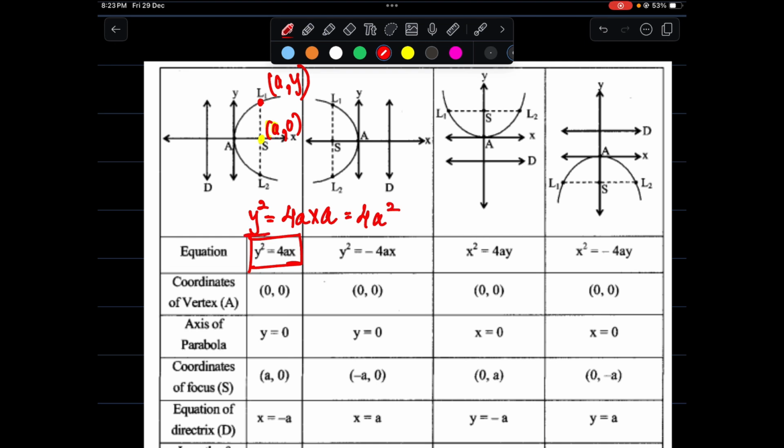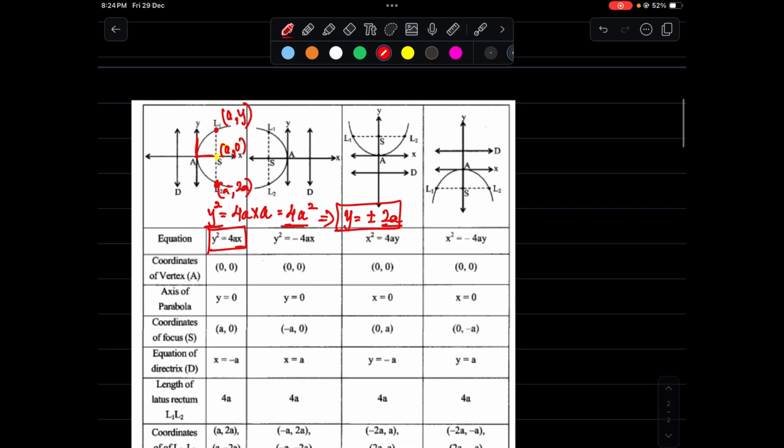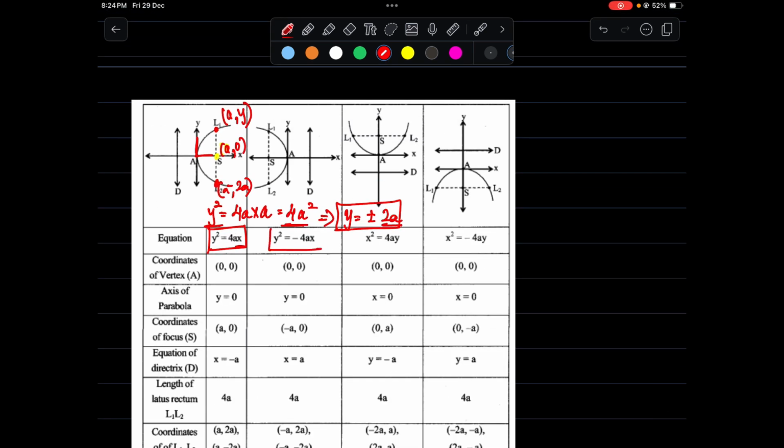So y square is equal to 4a square. This implies y is equal to plus or minus 2a. But since it is in the positive, it's in the first quadrant, I will take 2a, and for this I will take minus 2a. So you don't have to mug up any of this. Everything can be derived. Even this, you don't have to mug up. You can interpret the graph also by looking at x and y value and how it's changing.